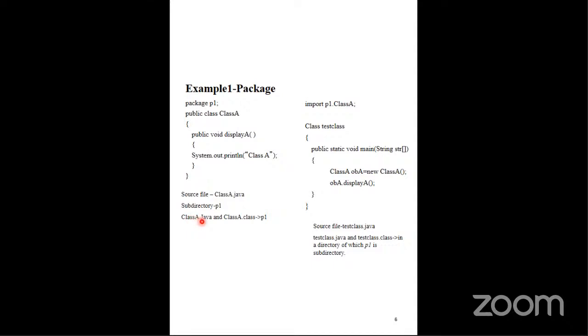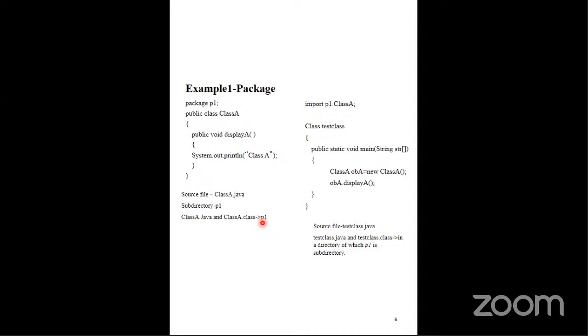And when I compile this particular Java file from within the P1 subdirectory, I'll get the class file classA.class. This file also will be in the P1 directory. So both the .java file and the .class file will be in the subdirectory P1.